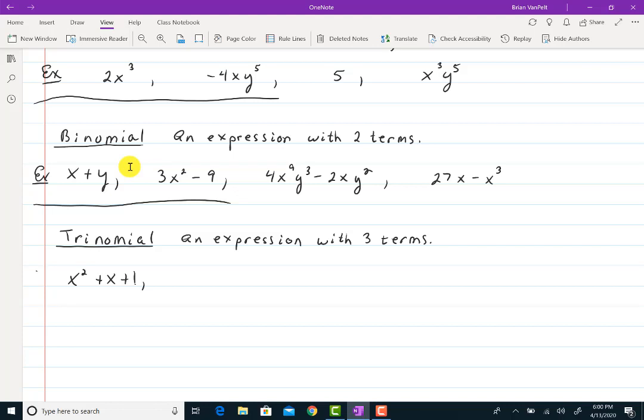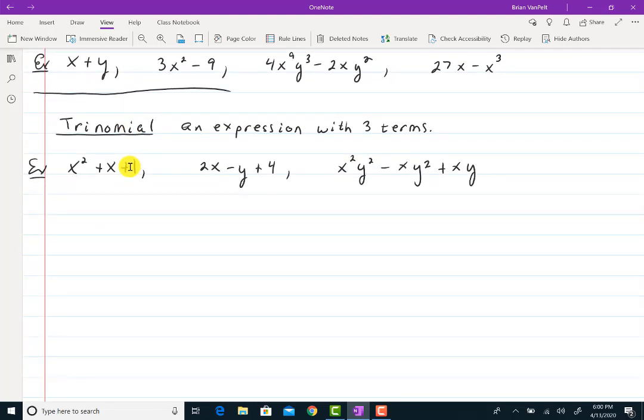This would be an example of these things. 2x minus y plus 4. x squared y squared minus xy squared plus xy. All of these have 3 terms, so they're called trinomials. Nothing really complicated about any of that, I hope.